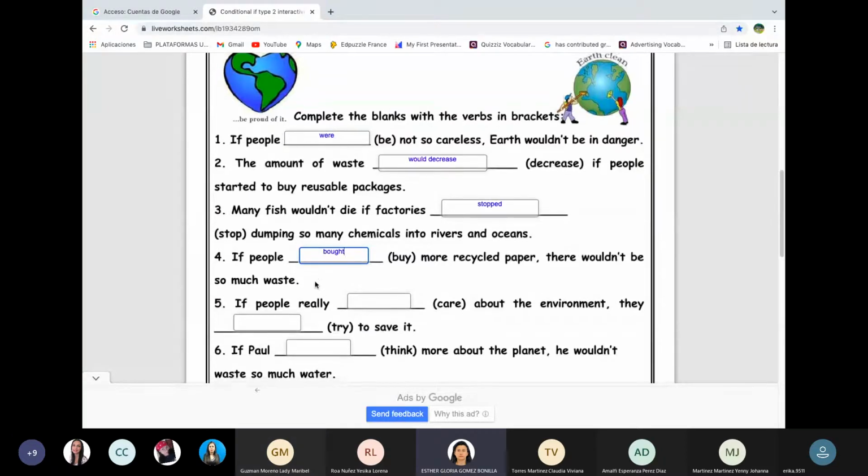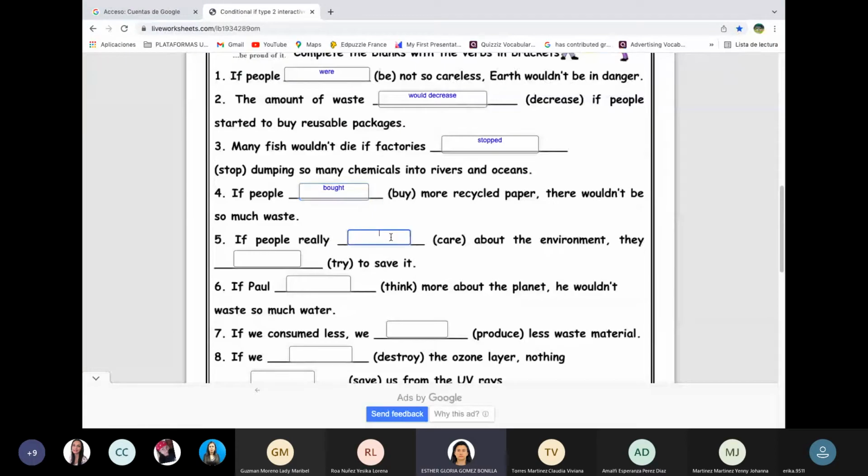Now, number 5. If people really, remember the conditional, the verb is care. What is the tense? About the environment, they, with the verb, try to save it. If people really what? Care. Care. Regular verb. If people really cared about the environment, they what?